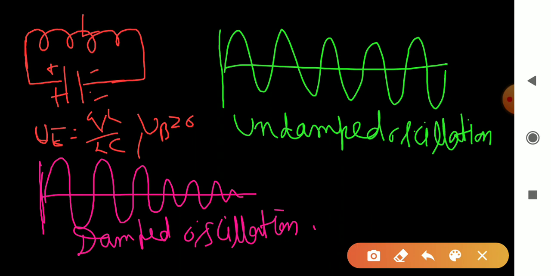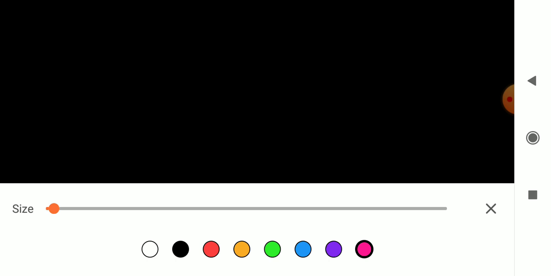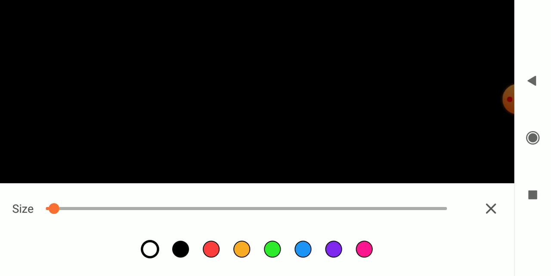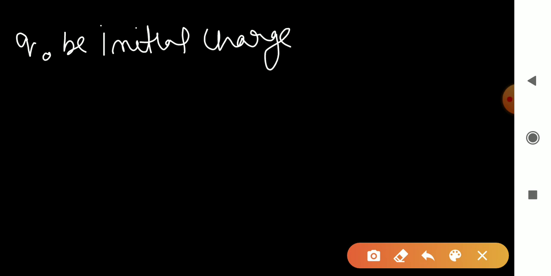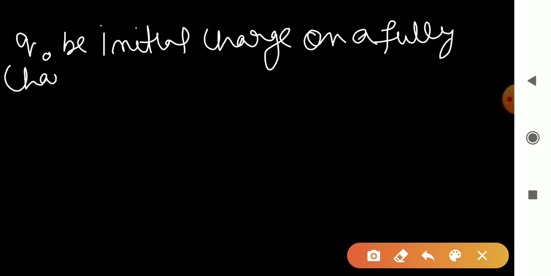So let's talk about the mathematical treatment of LC oscillation. Let Q naught be the initial charge on a fully charged capacitor.